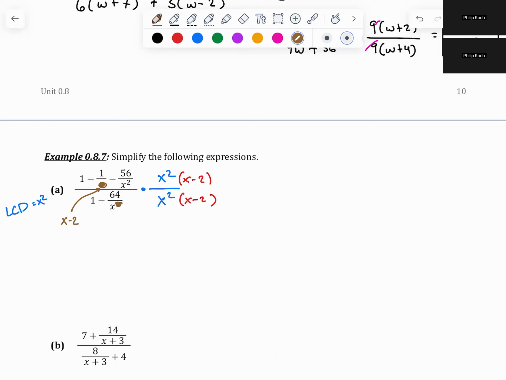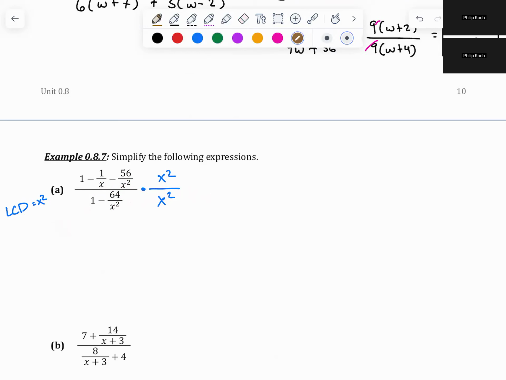Because there's a factor of x, and the highest power of x that I see is x to the second power, and then there's that factor of x minus 2. I think that's what I was making a mistake of: multiplying by extra stuff, probably x by x squared. Gotcha. It will work in the long run, but it will take a lot longer and there's more room for error. For sure.